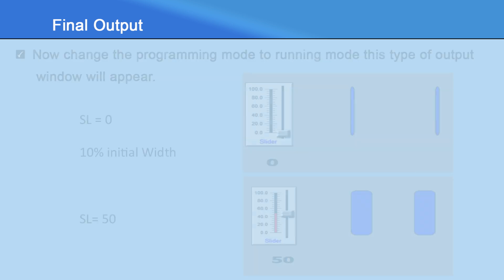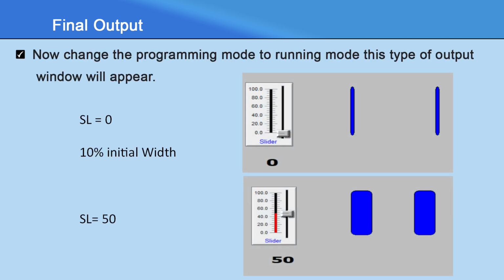Got it? After completing this, follow the same steps: select the run time, so your window will turn from programming mode to running mode. Then this type of output window will appear on your screen. When SL or slider is at 0 position, both the right and left boxes are at 10% of their initial width.